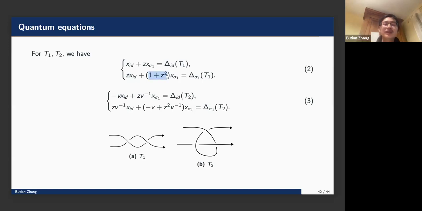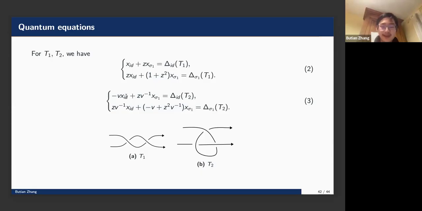These are the matrix AT. And for T2, our matrix AT equals this. But it should be noticed that for T1, T2, the X ID and X sigma 1, the two coordinates of X, turn out, coincidentally, to be the same.